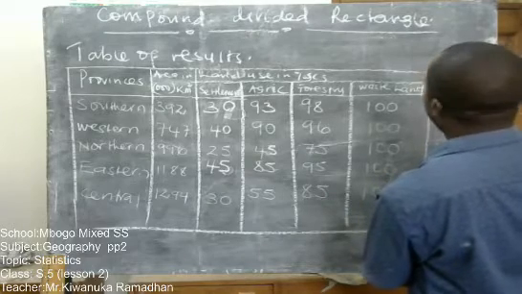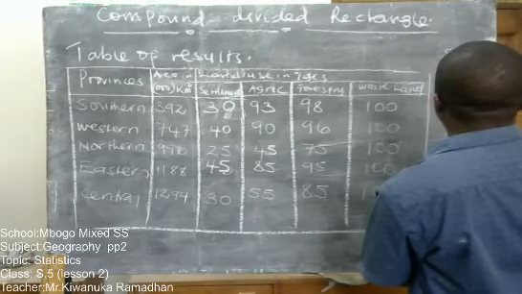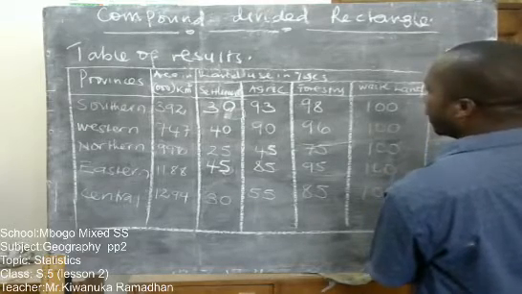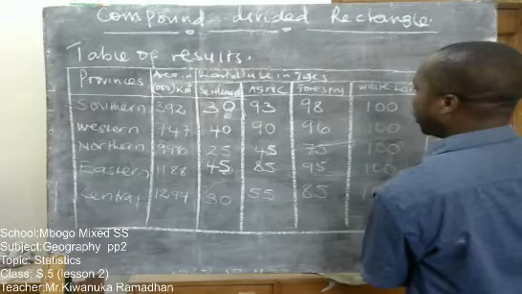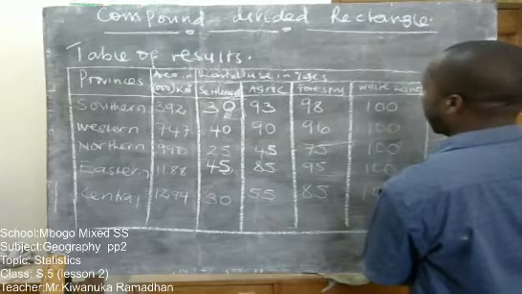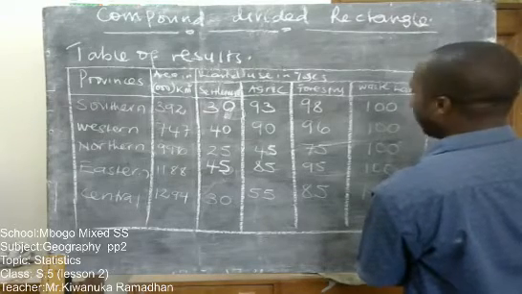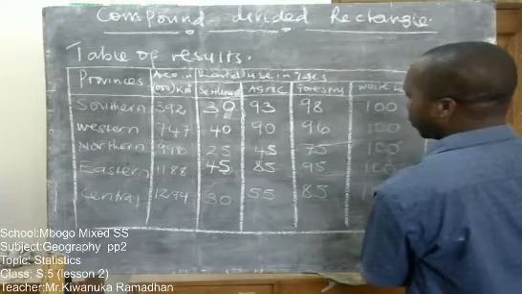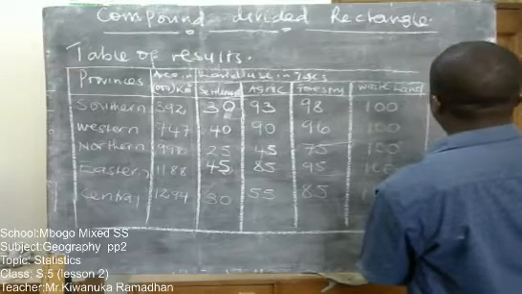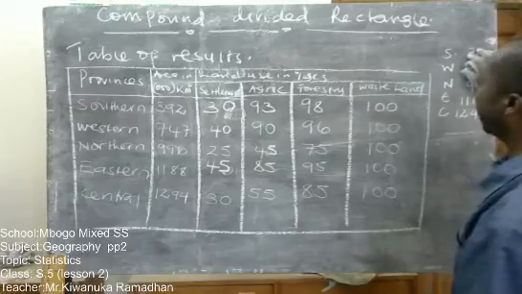Then we have Northern 996. Then we have Eastern 1188. Then we have Central 1294. These are mine, they are not yours.